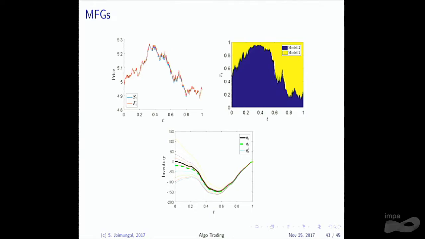Of course, for the mean field, we initially assume that the agents have zero inventory on average, and so there's a discrepancy between the true empirical average and the mean field. And of course, as n goes to infinity, that will go to 0. So that's this epsilon error that you see showing up. But they eventually converge.